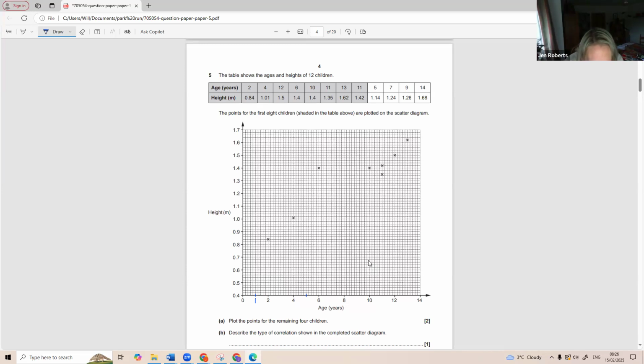That's 5. 1.14 is 1.12, 1.14. And that one, 7, 1.24. 7.